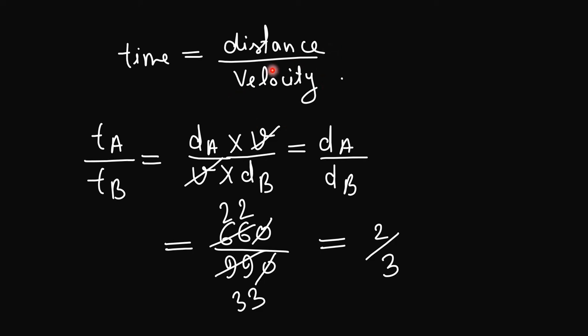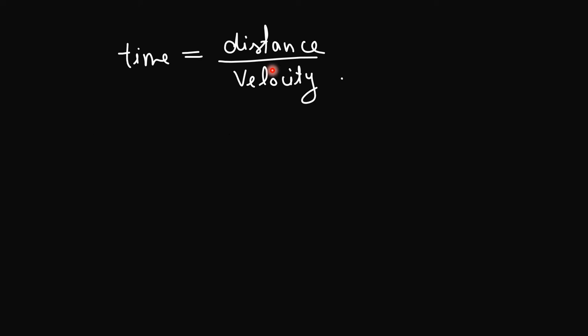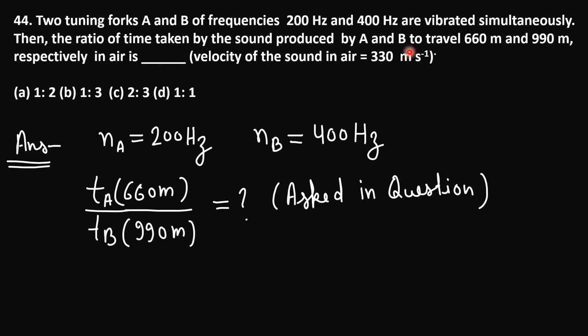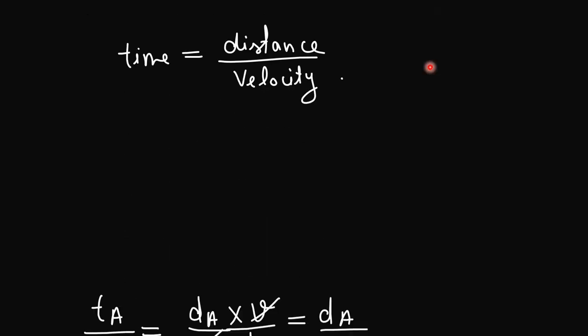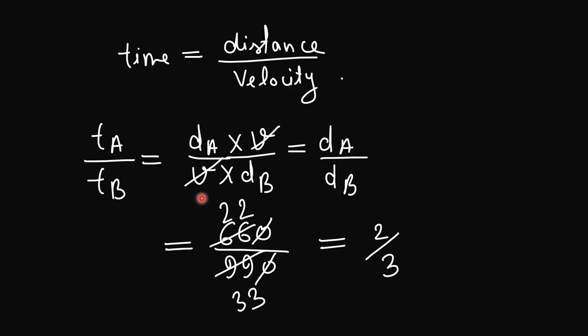Velocity for both the forks will be the same, because both forks are producing sound and sound is traveling in air, and the velocity of sound traveling in air is 330 meter per second. So now you put the value over here, that TA is equal to dA by V and TB is equal to dB by V. So the ratio will be equal to dA by dB.